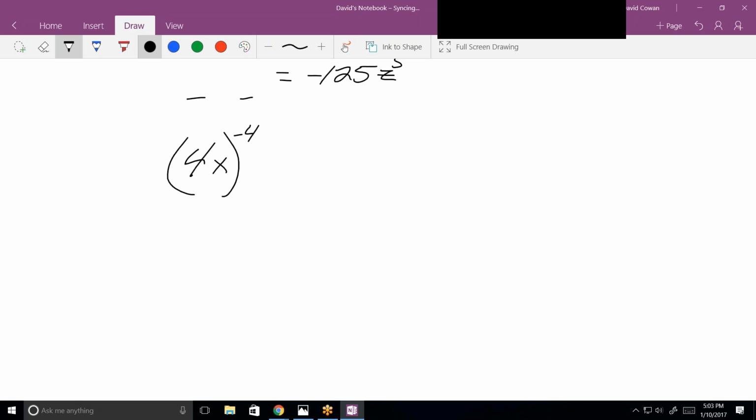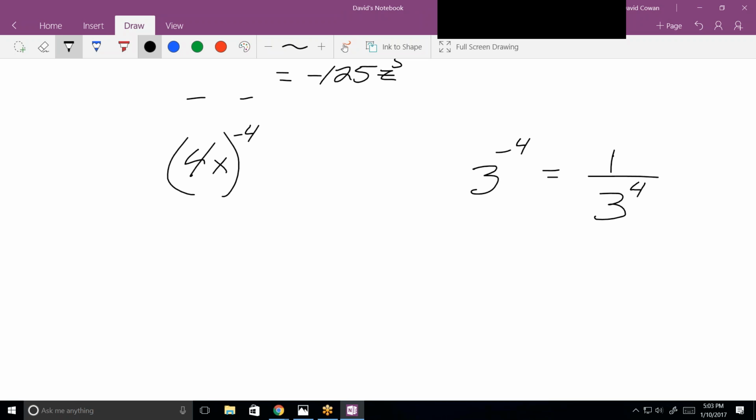If I said 3 to the -4 power, first of all, negative exponents do not mean negative numbers. In fact, they are almost always positive. All it means is the reciprocal. In other words, if I put 1 over, that's the same thing.